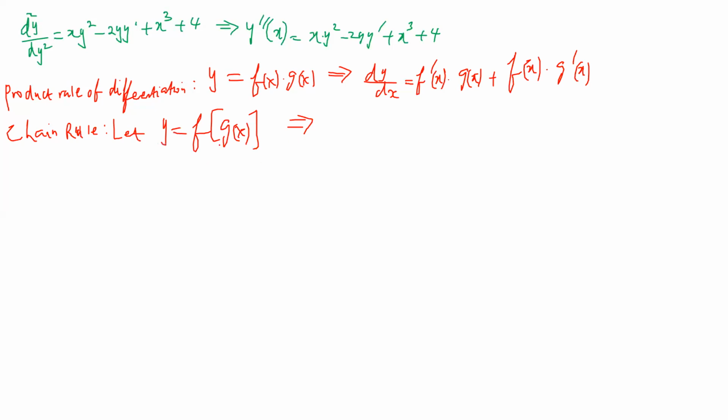This involves powers of functions and arguments, and we're going to discuss those and look at examples. So dy dx is f primed of g of x, multiplied by the derivative of g. This is the chain rule.